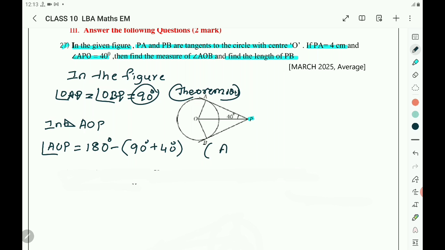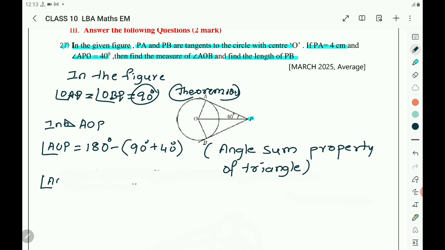You write angle sum property of triangle. Now you write angle AOP equals 180 degree minus 90 plus 40 is equals to 130 degree, which is equals to 50 degree. 180 minus 130 is 50 degree.